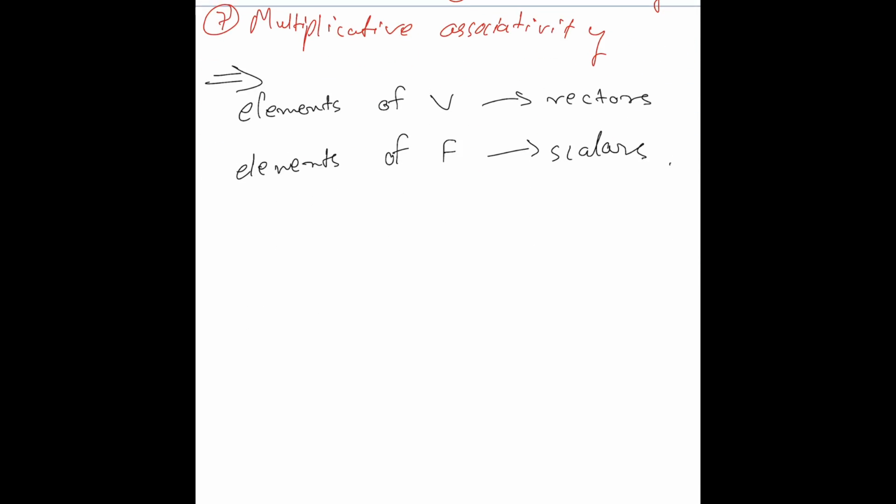When the field is equal to the set of real numbers, we can call V a real vector space. We can do some examples afterwards to understand it properly. If the field is the set of complex numbers, we can say V is a complex vector space.